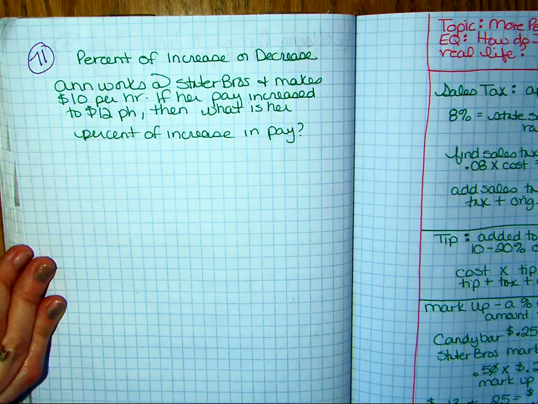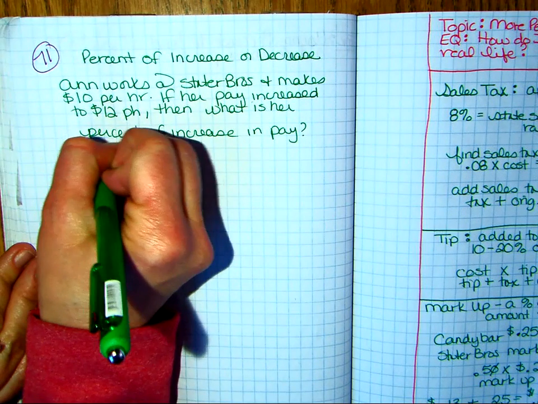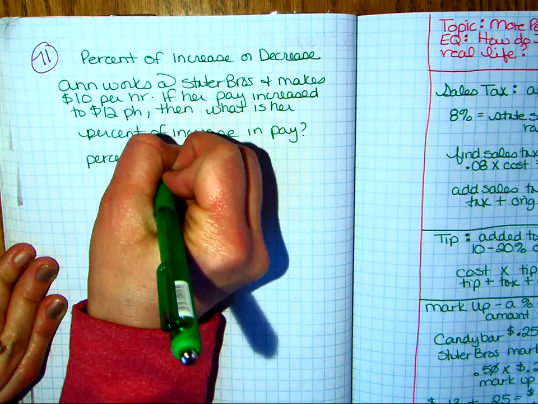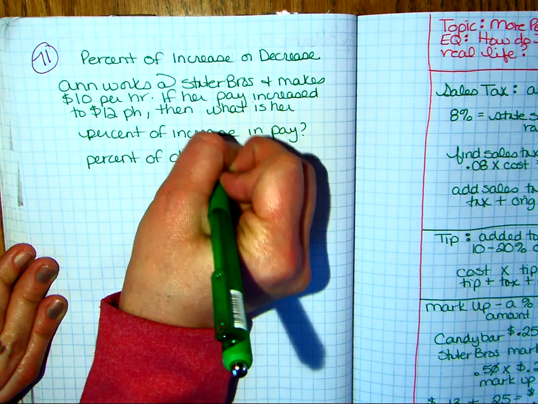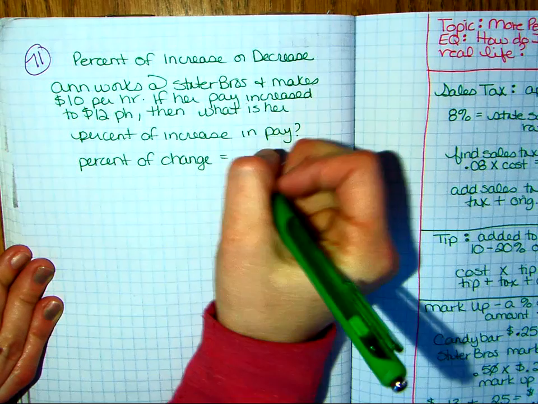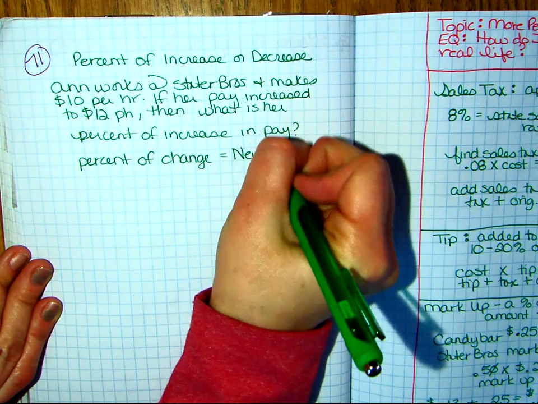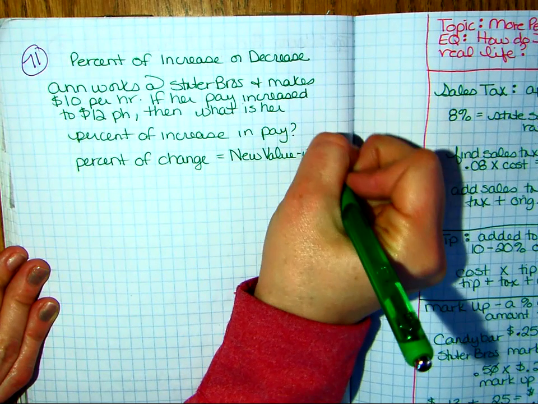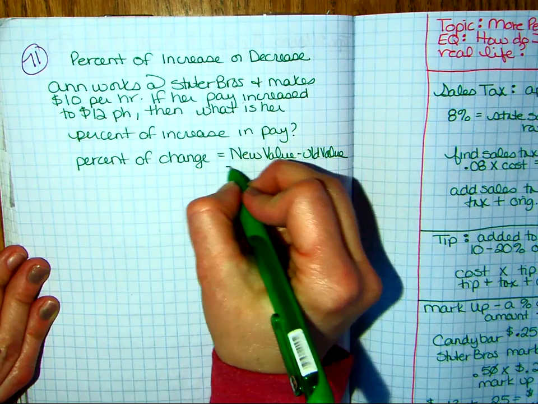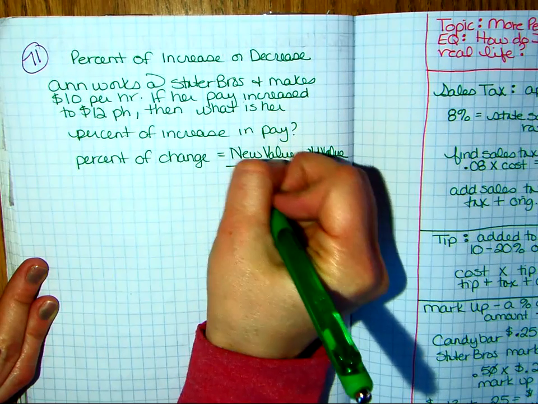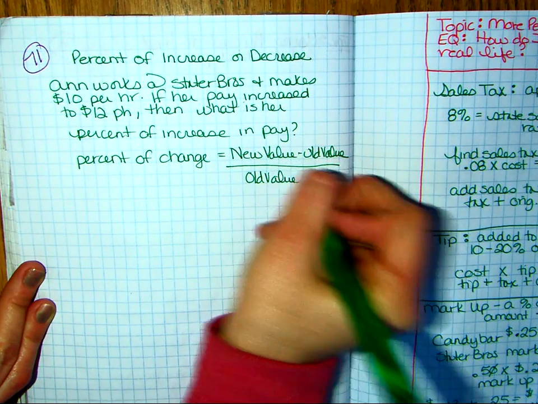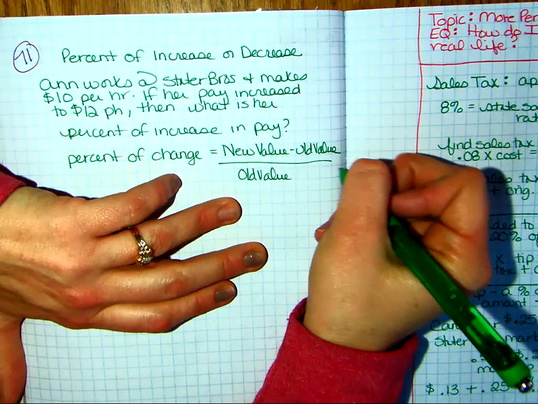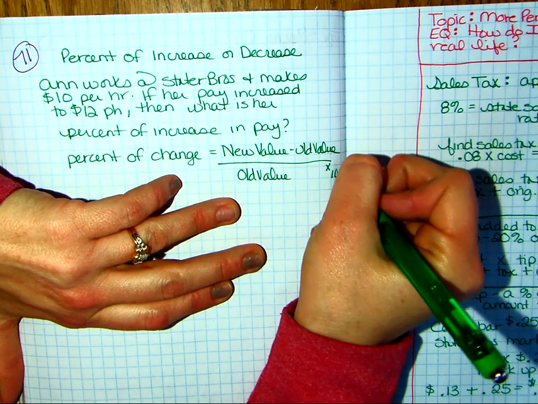So what you do for this, guys, is you're going to remember there is a formula. And this formula is percent of change equals new value minus old value divided by the old value, and then you take that, and I'm running out of room, I'm so sorry, and you're going to multiply it by 100.